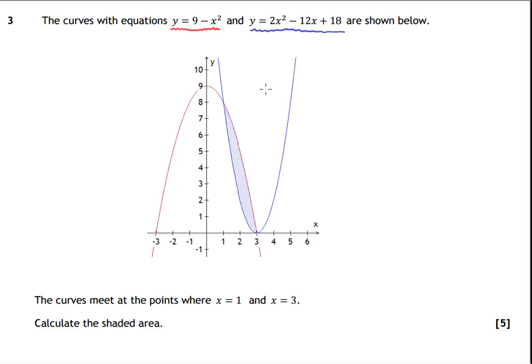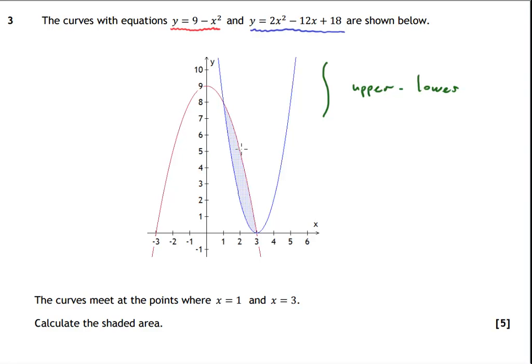Now, when you're trying to find the area enclosed by two curves, we will be integrating, and it's good just to try and think of it as the integral of the upper curve minus the lower curve. What I mean by that is between the limits that we're interested in, we examine this area and see which curve forms the upper bound.